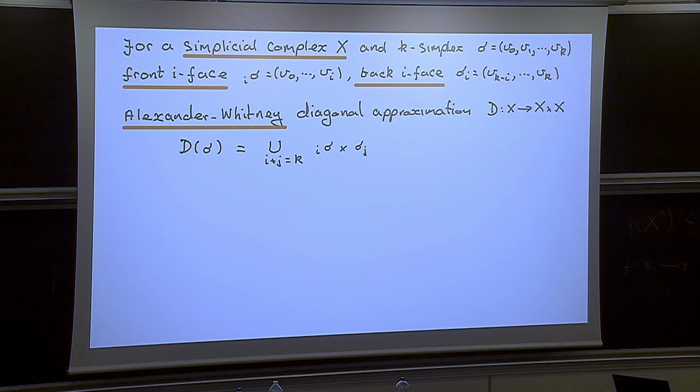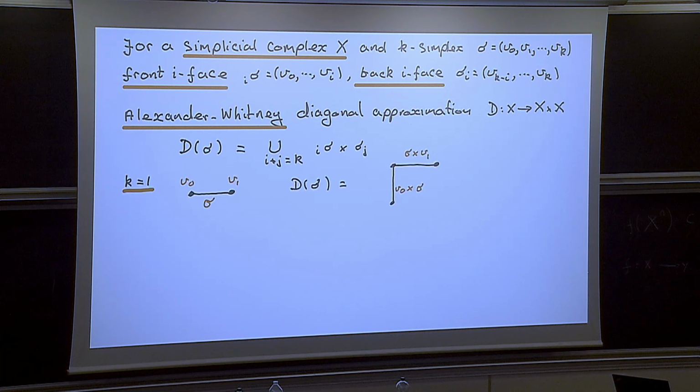The image of a simplex, or a cell, sigma, taking a k-simplex, is the union over all i plus j equal to k of the front i face direct product the back j face. I think I have a picture.